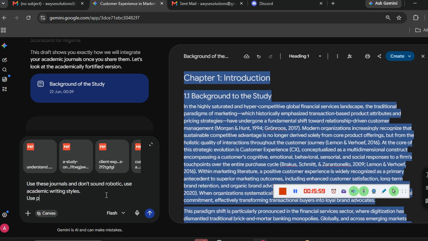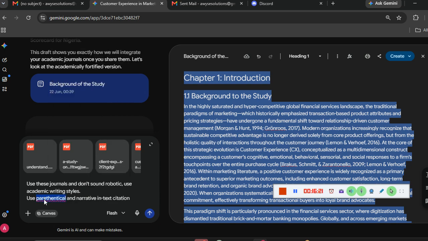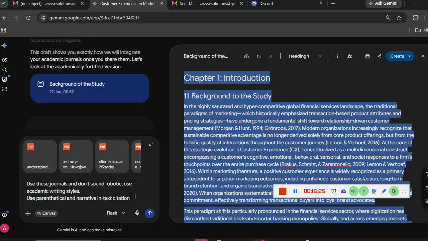Use theoretical, narrative in-text citation style. Cite all the authors.